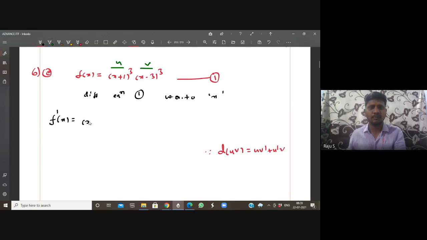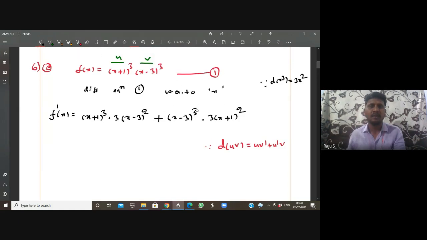So x plus 1 whole cube into v dash, and the derivative of x minus 3 whole cube is 3 times x minus 3 whole square, plus x minus 3 whole cube into u dash. u dash means the derivative of x plus 1 whole cube, that is 3 into x plus 1 whole square. Is it clear? Since the derivative of x cube is 3x square, with the help of that I differentiated.